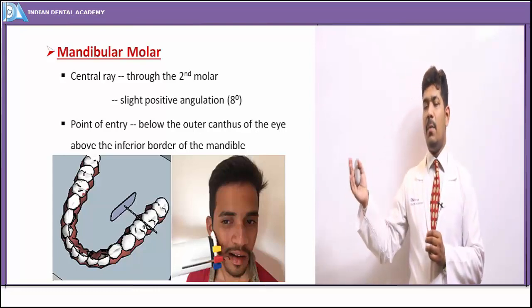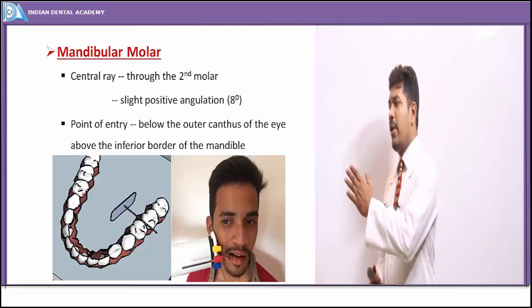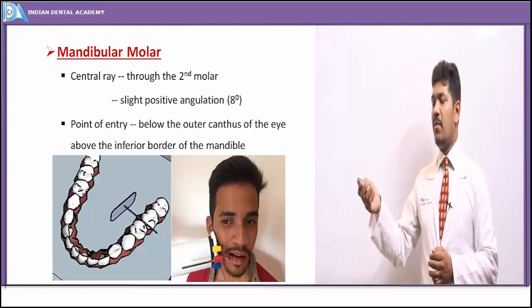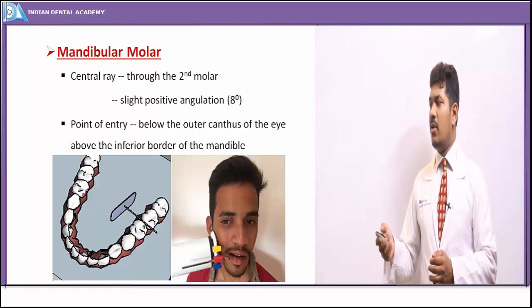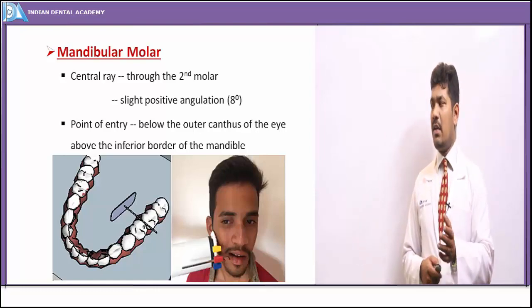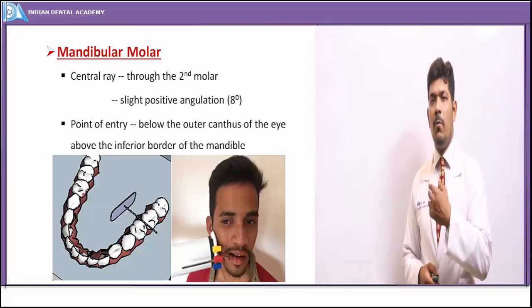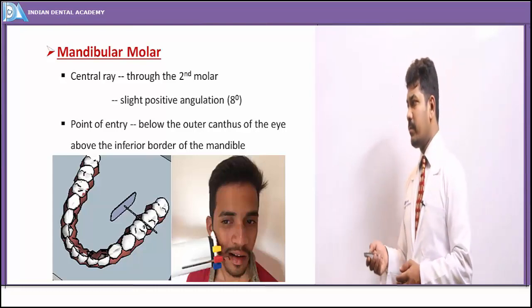To compensate for that, a positive angulation is given. Now for the point of entry, we drop a perpendicular from the outer canthus of the eye, just above the inferior border of the mandible. That would be your entry through the second molar, which would be the external positioning.